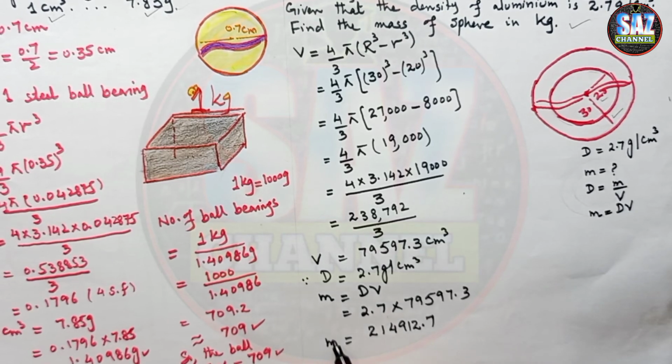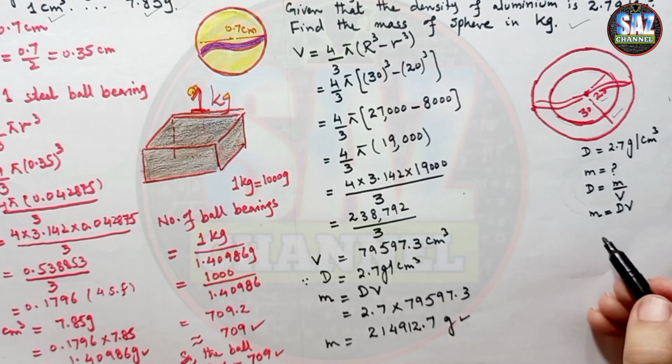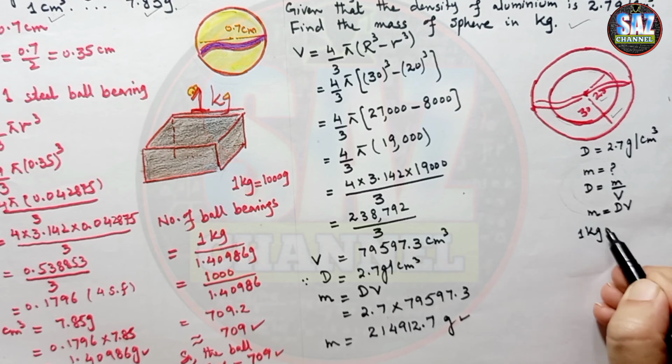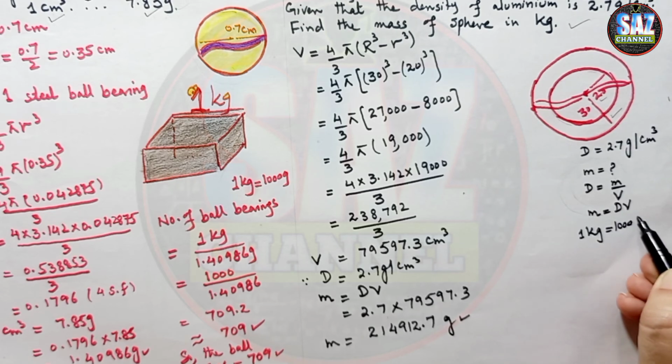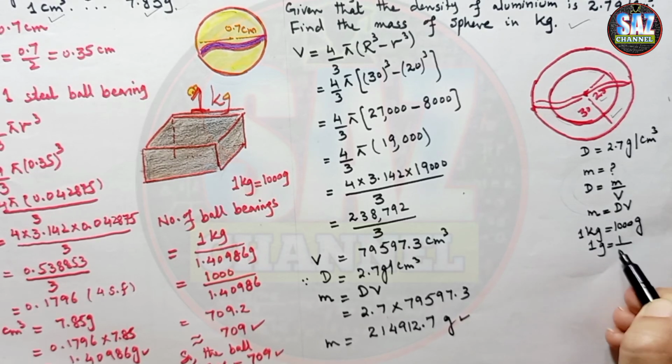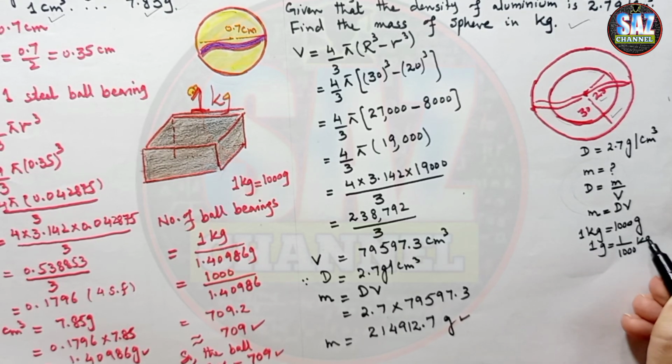Okay, this is the mass of one aluminum sphere in grams. Okay, now the question says to give the answer in kilogram. We know that 1 kg has 1000 grams, and 1 gram will be equal to 1 over 1000 kg.